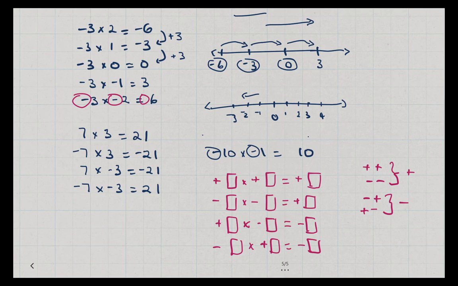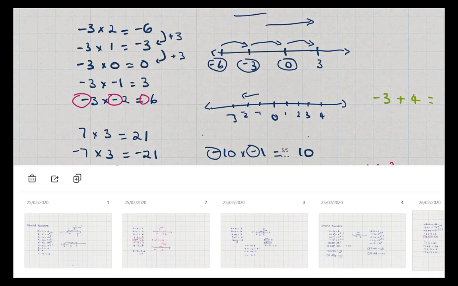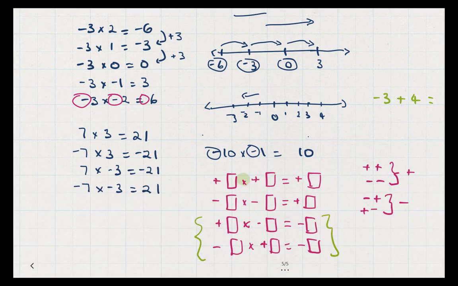One thing to watch out for, a really common mistake, students early on when they're doing this work consistently make this error. They get used to this idea of negative times positive and see this and apply it here. You can't apply it here. The rule that we just discovered was for when we were multiplying two numbers together. In this case, in my new case, I am looking at starting at -3 on my number line and then adding 4.